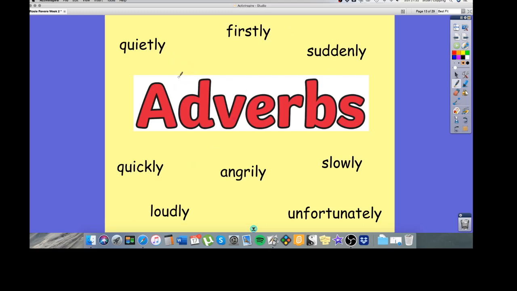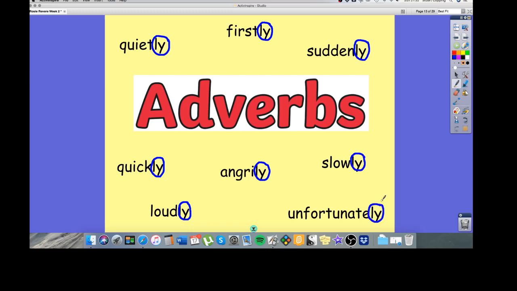And as I said, what did you notice about them? They all end in ly. And this is that suffix I was talking to you about at the beginning. If it ends in ly, we know it's an adverb and it's going to describe a verb.